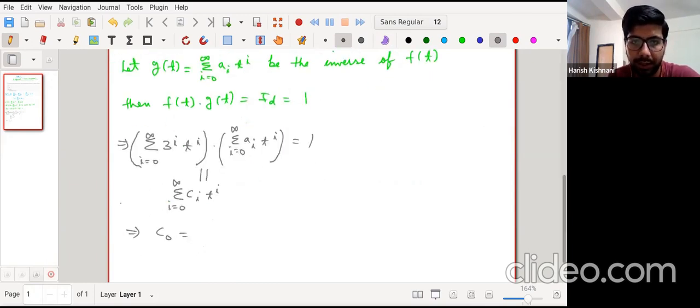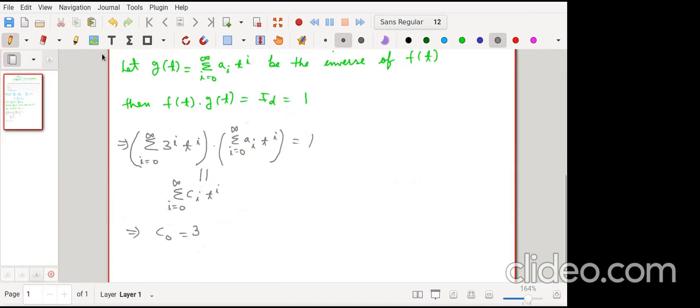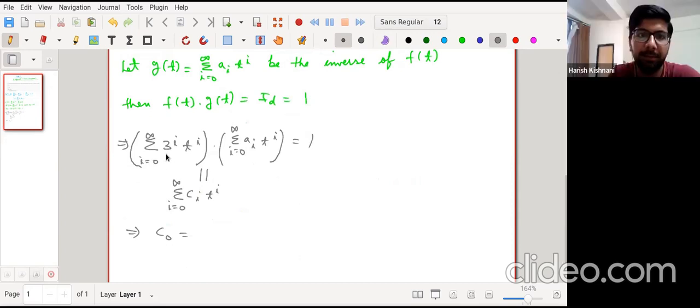So what is a_0 here? Sorry, let's say this is your summation of b_i t^i, and this is your a_i t^i. So b_0 is 1, and we have no idea what a_0 is, so it is just a_0, and that is 1, because your c_0 here is 1.